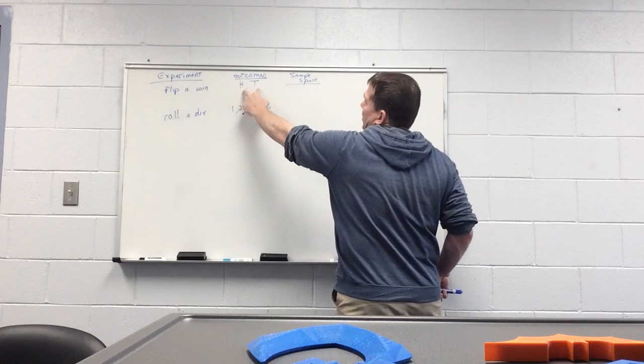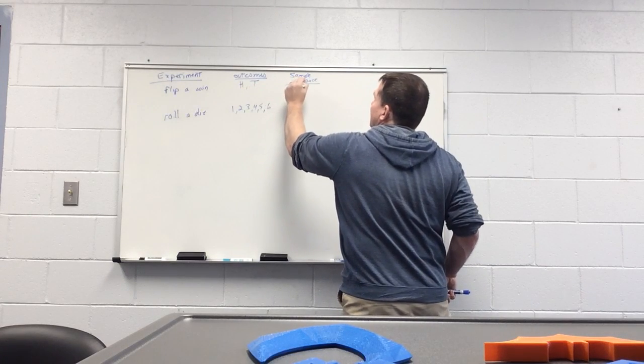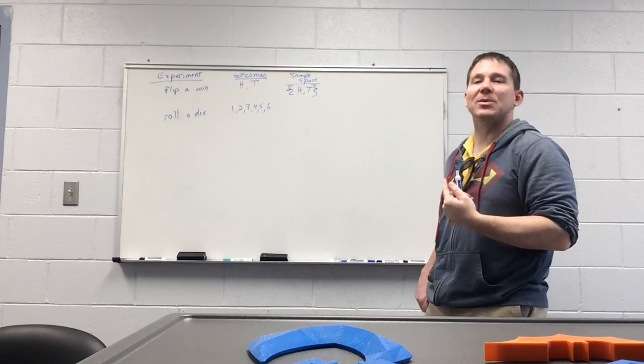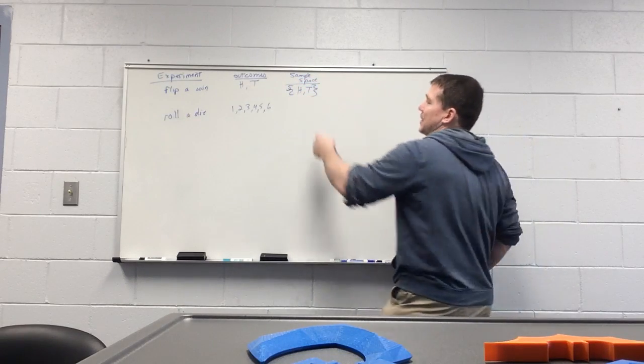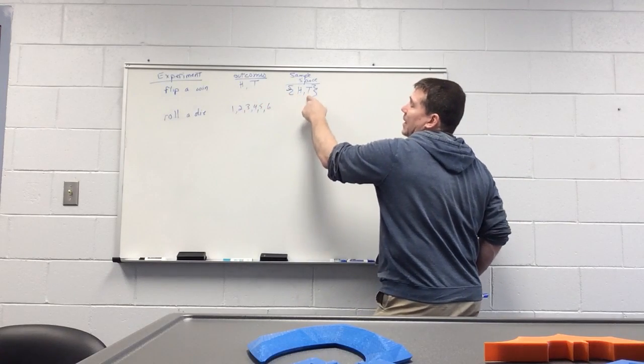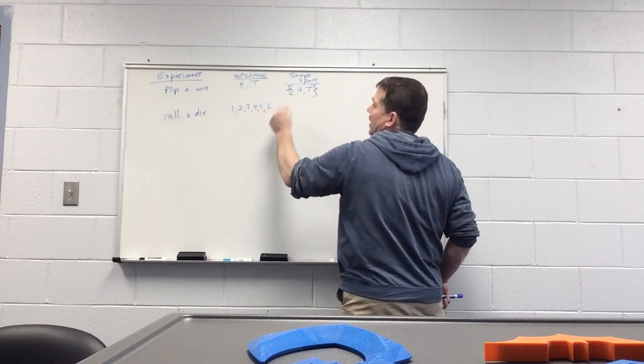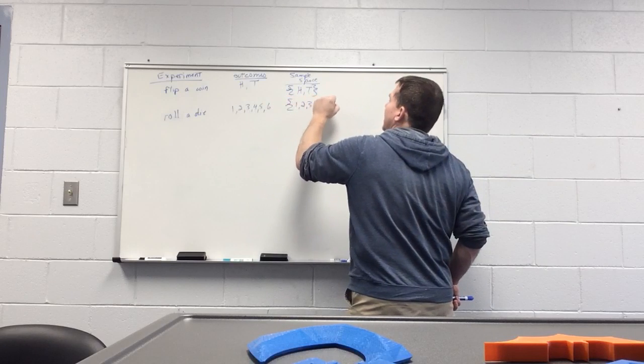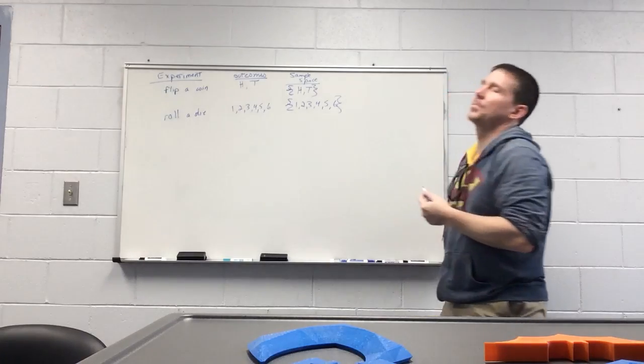And all you do is, you look at your outcomes, and you put them in curly braces like that, which is set notation that we use for probability. So the sample space for flipping a coin are the possible outcomes, heads or tails. The sample space for rolling a die, 1, 2, 3, 4, 5, 6.